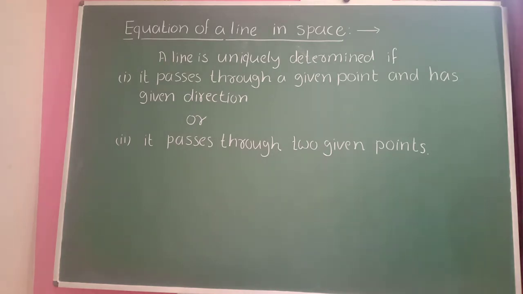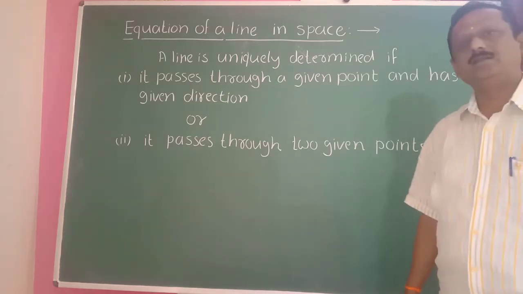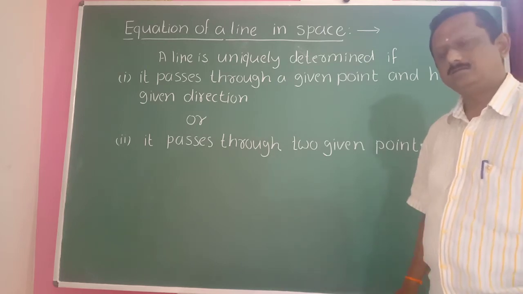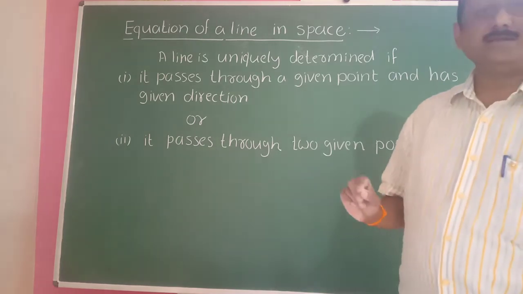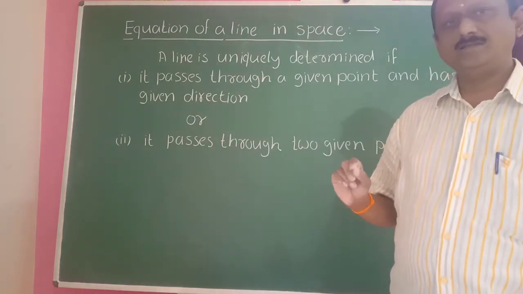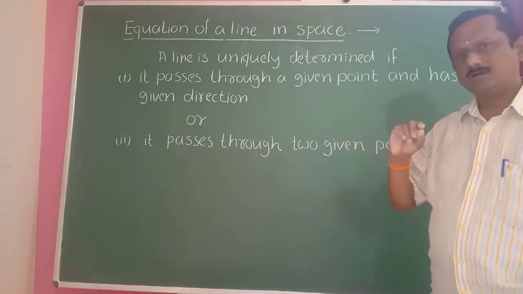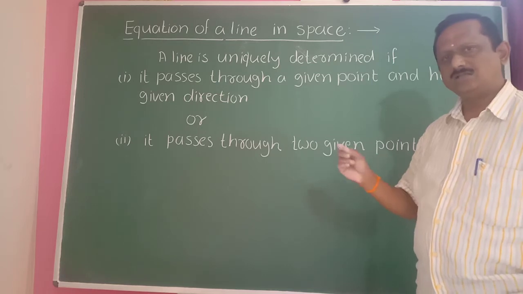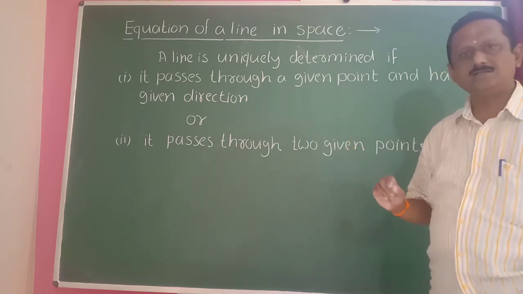Okay, in the previous class, means PUC first year or 11th class, you studied that there are different types of straight lines here. So slope intercept form is there, 2-point form is there, normal form, and the line passing through 2 points, and so on. There are so many different types of straight line in 2-dimensional geometry here.